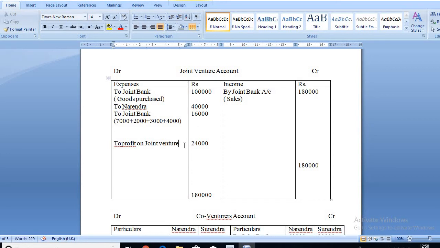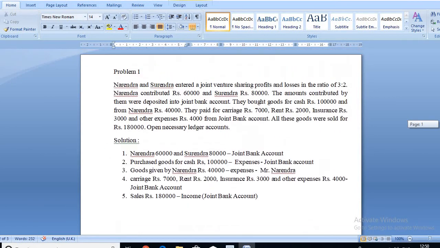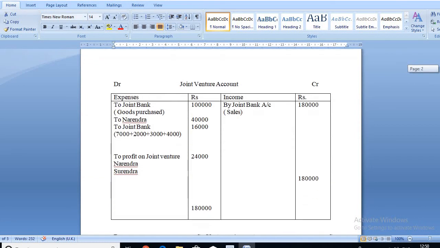Whether the business earned profit or loss, that should be distributed to co-venturers. In this problem, the co-venturers are Narendra and Surendra. In what ratio? You have to distribute this profit 3:2. Based on this ratio, divide this profit 3:2, nothing but 3 by 5 for Narendra, and for Surendra, 2 by 5.